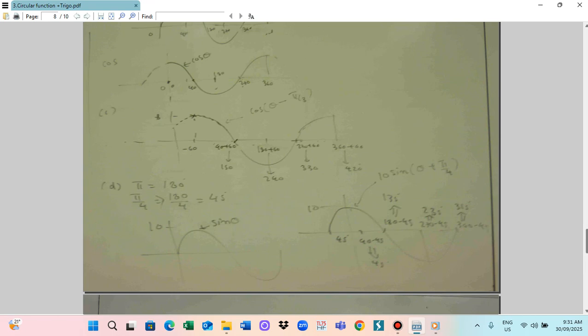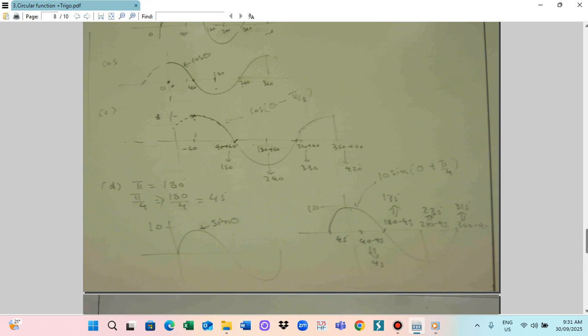So we go like this. This is 45 degrees here. So this maximum point is no longer at 90 degrees; we use 90 minus 45. And this point we use 180 minus 45. This one is 270 minus 45, and this one is 360 minus 45.